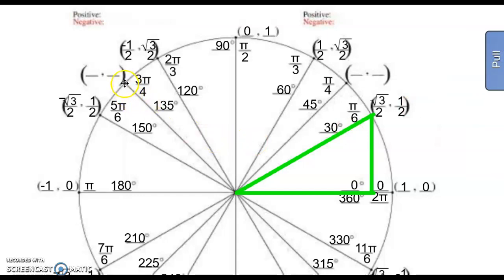So if I drop a vertical line straight down and I continue my angle here at the origin, that makes the horizontal and the vertical my x and my y coordinate, and the hypotenuse is 1.